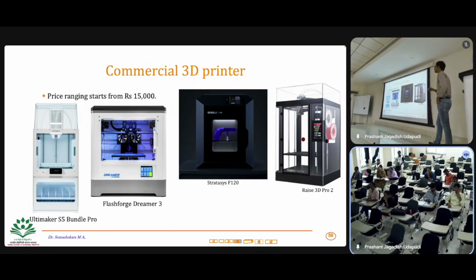Starting from 15,000 or even less, I think you can make your own printer for less than 10,000 rupees, and if you go for other printers, for example industrial grade printers, Stratasys, Formlabs and so on, these are some of the printers that you will find.